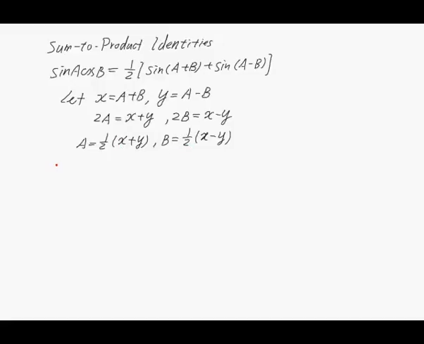Then you get sine of x plus y over 2, this is a, times cosine of x minus y over 2, and this is b, equal to 1/2, and a plus b is just x, a minus b is just y, so the right side is equal to 1/2 times sine of x plus sine of y.